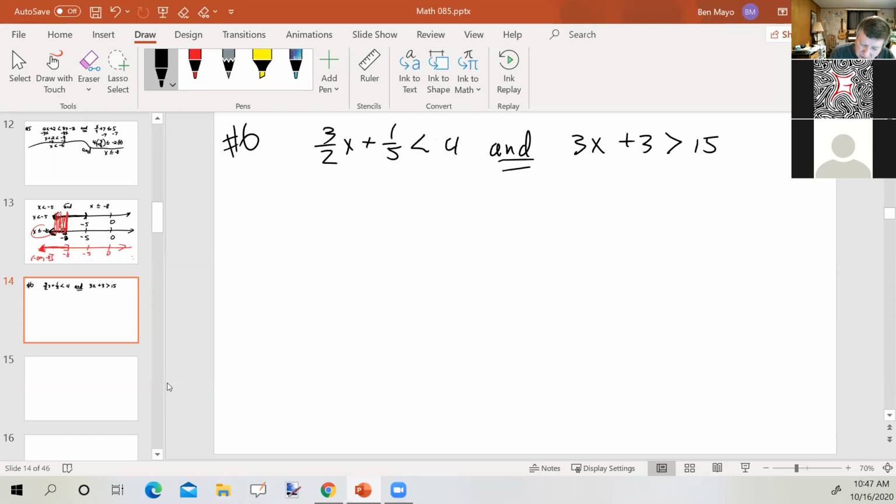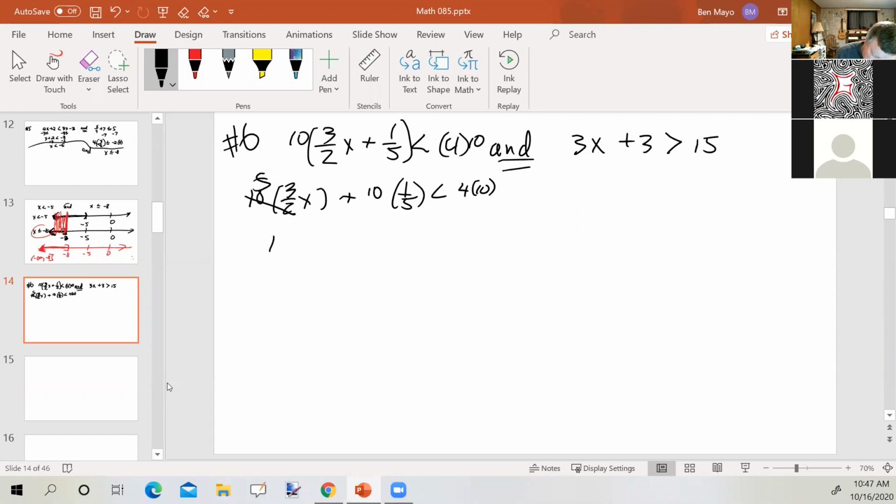The first inequality, the LCD is 10, so I'm going to multiply both sides by 10. So 10 times 3/2 x plus 10 times 1/5 less than 4 times 10. 10 over 2 is 5, so 15x plus 10 over 5 is 2 is less than 40. So 15x plus 2 less than 40.